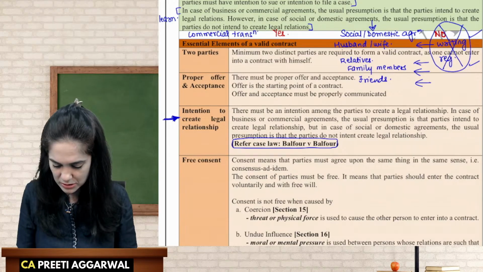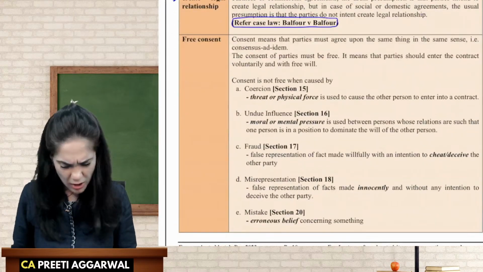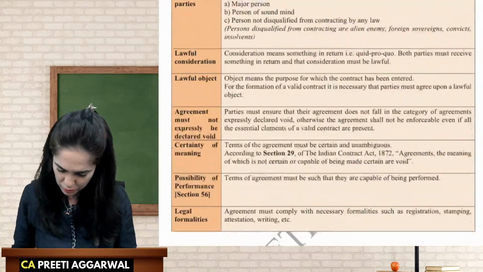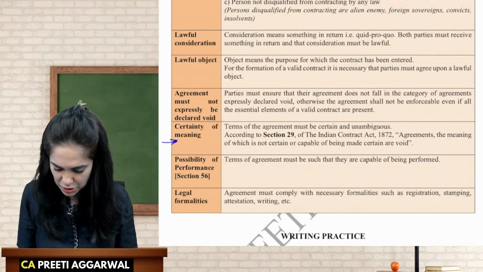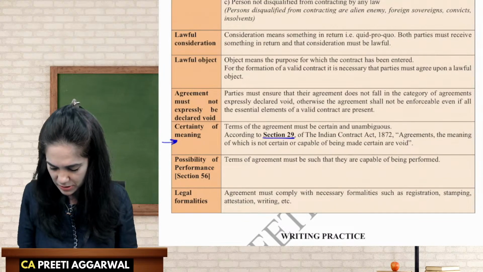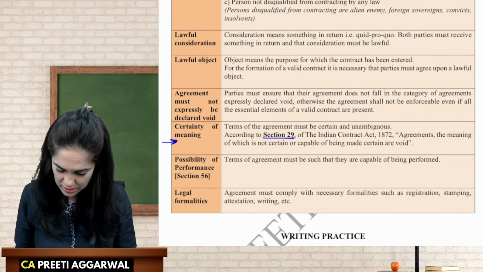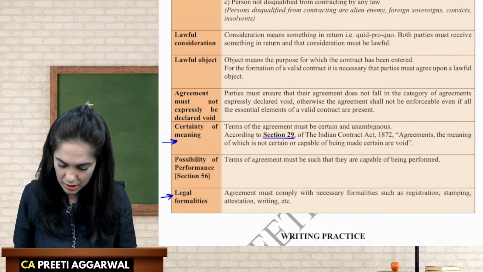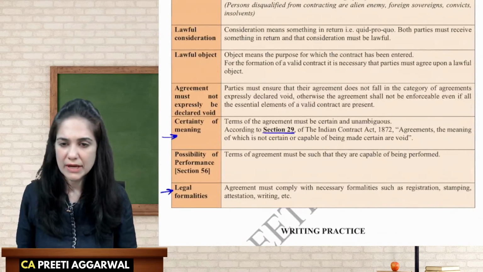So highlight the ones which I am marking. On free consent, they will not ask. There is a separate chapter on that. Certainty of meaning, section 29, they can ask you a case-based question. For others, yes, legal formalities, they can ask you a case-based question. So these are the most important elements.